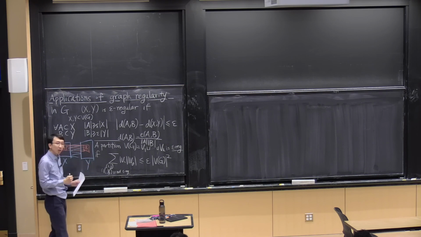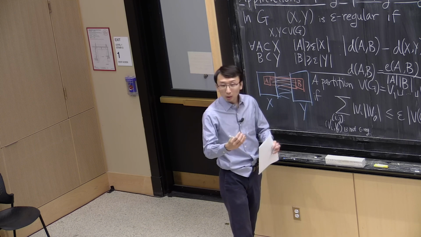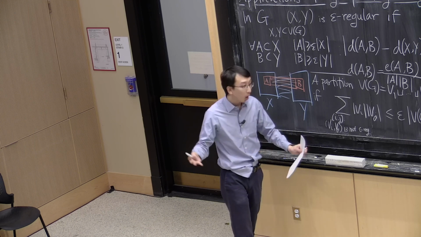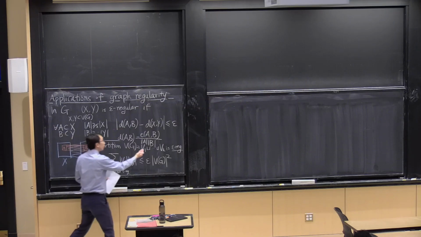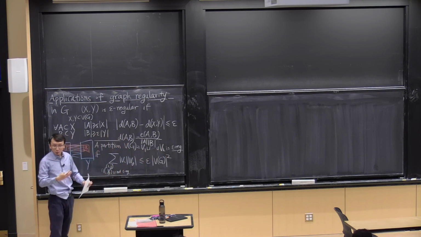The way to think of this is that there are not too many irregular parts, at least in the case when all the parts are equitable. So you should really think about all of them having more or less the same size, then saying that at most an epsilon fraction of them are irregular.